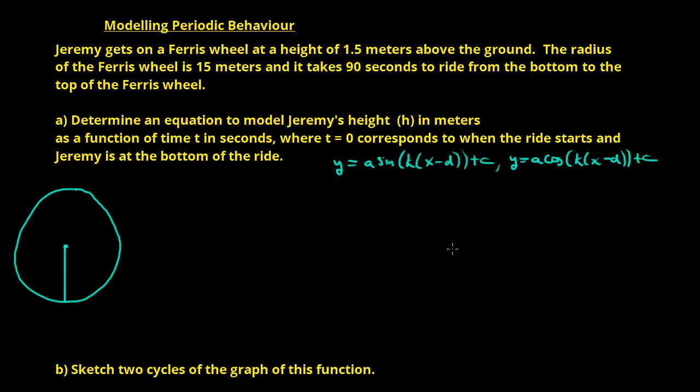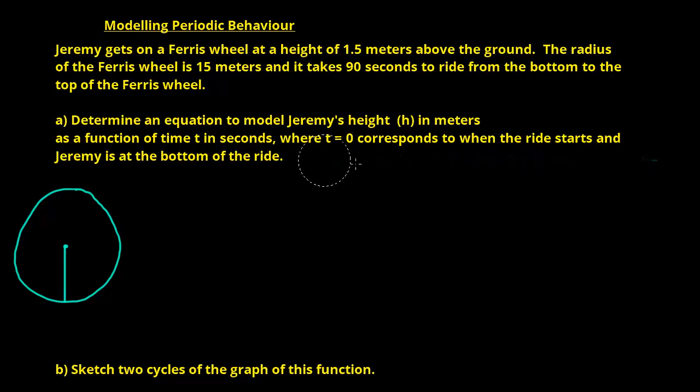So the trick with these problems is really to try to figure out these parameters a, k, d, and c. And to be honest, it doesn't matter whether you use a cosine curve or a sine curve to model the periodic behavior in this question, because the sine curve and the cosine curve are only separated by a phase shift. Their graphs are the same shape, and we looked at that in the last few videos.